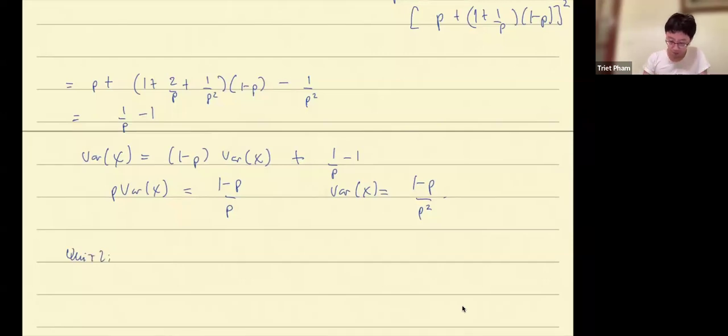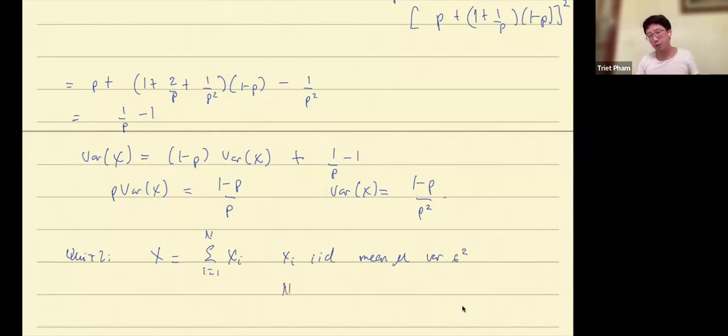So remember, we have x as a sum of xi, i goes from 1 to n, where xi are iid with mean mu and variance sigma squared. N itself has some expectation and variance, but we're probably not going to give them extra names, just not to add more symbols.